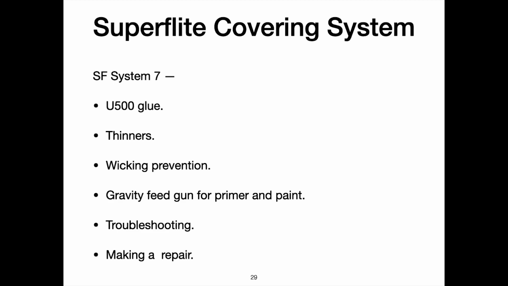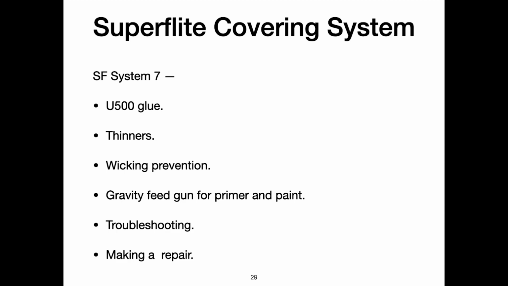U500 glue is used for attaching both the fabric to the airframe and the surface tapes to the fabric. Acetone or methyl ethyl ketone (MEK) can be used to thin the U500 to the proper viscosity. This adhesive acts as a barrier in glued areas and prevents the primer from wicking underneath the fabric.